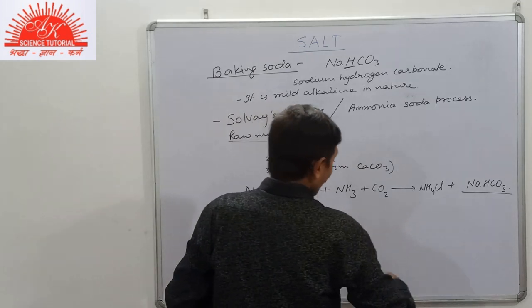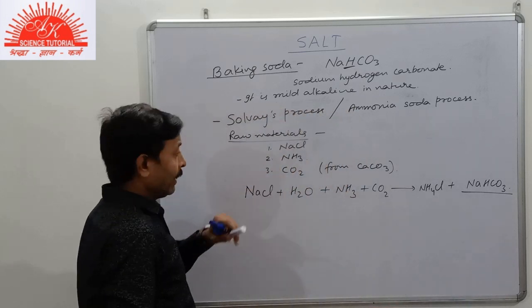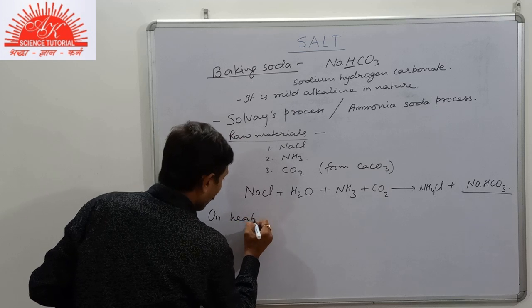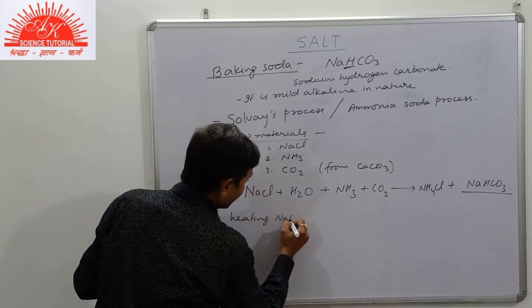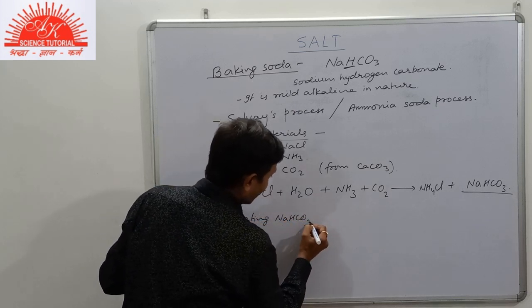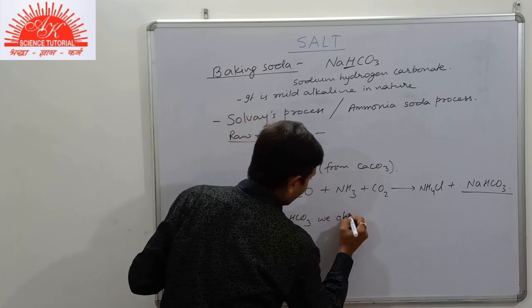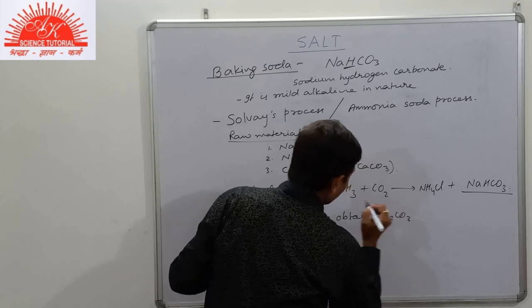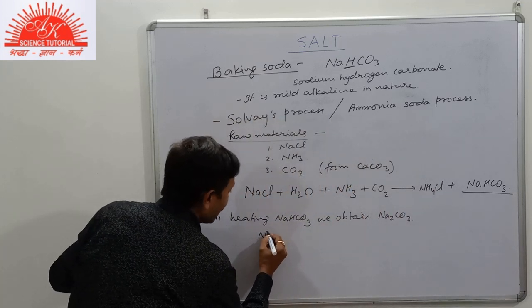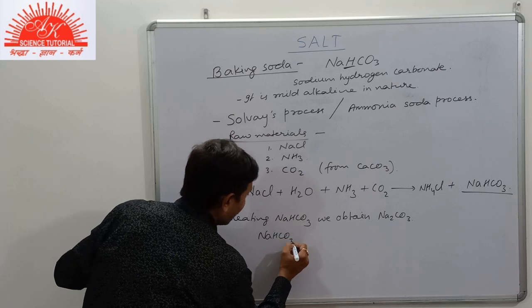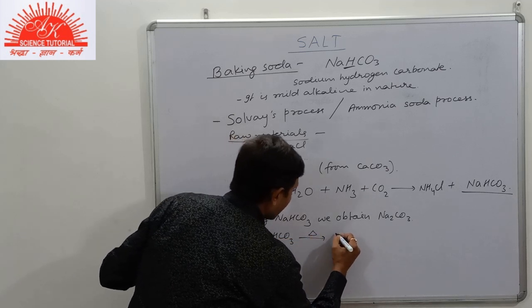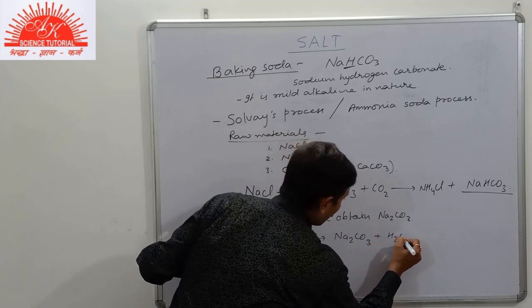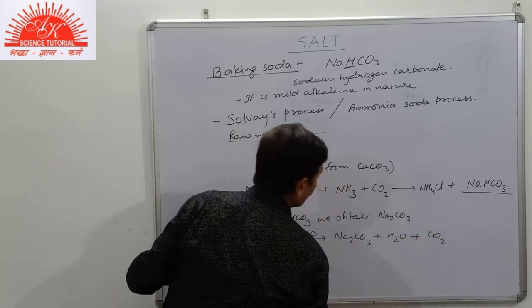So on heating NaHCO3 we obtain Na2CO3, that is, NaHCO3 on heating gives Na2CO3 plus H2O plus CO2.